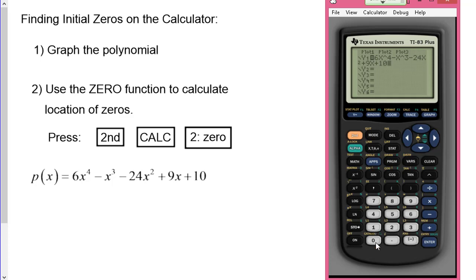Now, let me make sure the window is set. It's changed. Here's what I'm going to do. I'm going to hit zoom, and then option 6 is zoom standard. So that just changes it to negative 10 to positive 10 on both the x and the y axes. All right, so here's a graph of my polynomial.